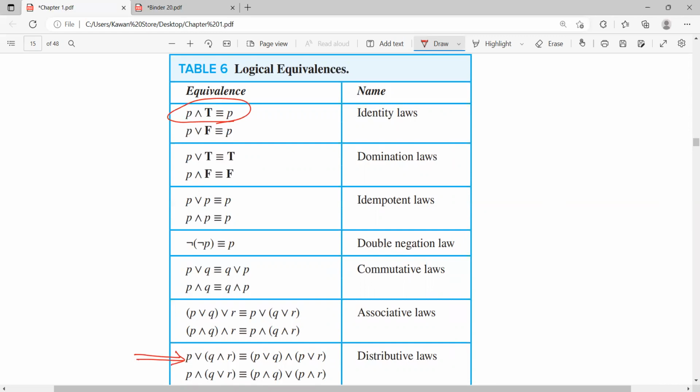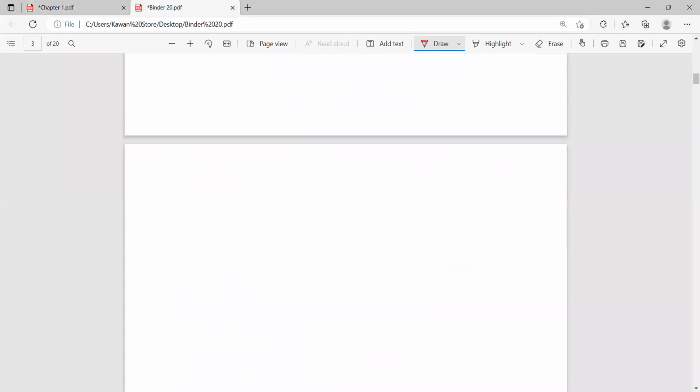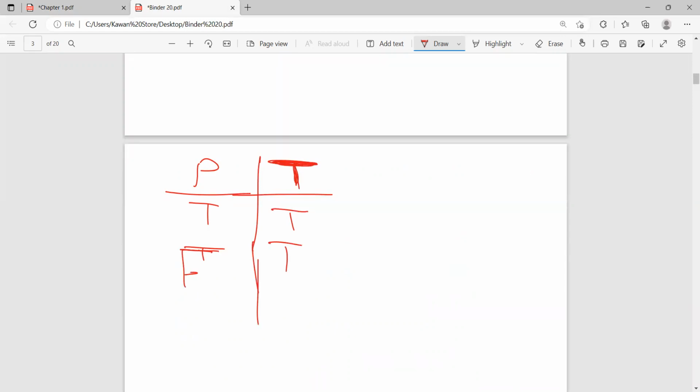You didn't understand. Okay. So I'm going to make one for you. You will get it. So you have P, right? P may be true. When we have capital T, it means tautology. When we say capital F, it means contradiction.